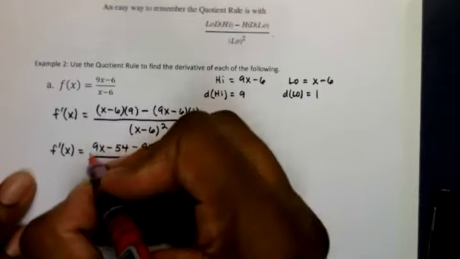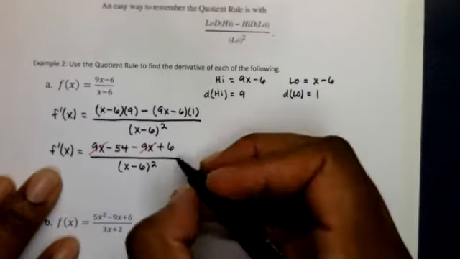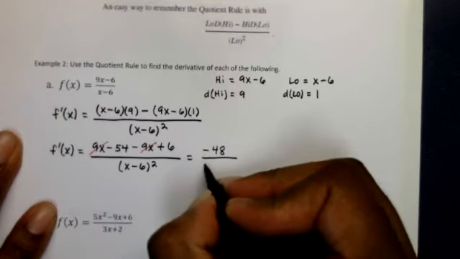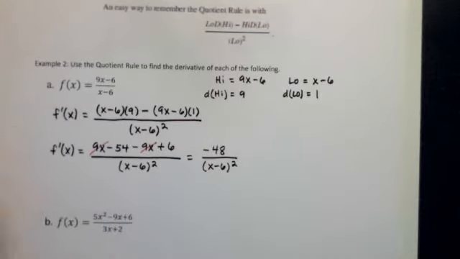When we simplify this, the 9x's add to 0. Negative 54 plus 6 would be negative 48. All that's divided by x minus 6 quantity squared. So here the derivative of f of x being equal to 9x minus 6 divided by x minus 6 will end up being negative 48 divided by x minus 6 quantity squared.